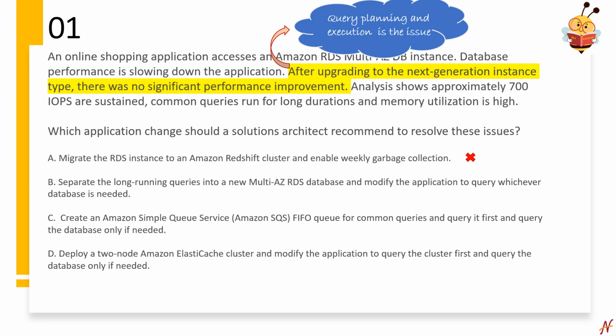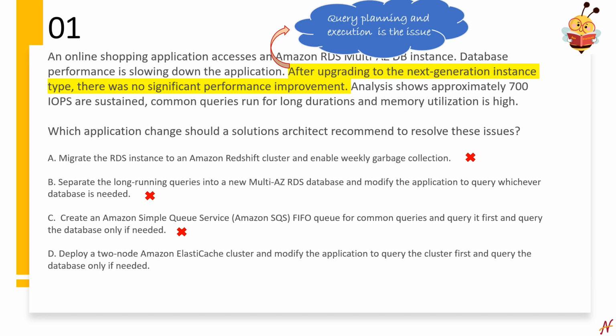So there is no way to synchronize them together. That is why the second option is also something we should not be considering. And if we talk about the third option, SQS is a message queuing service, and it cannot be used as a database substitute. So in that case also, this option won't be used.